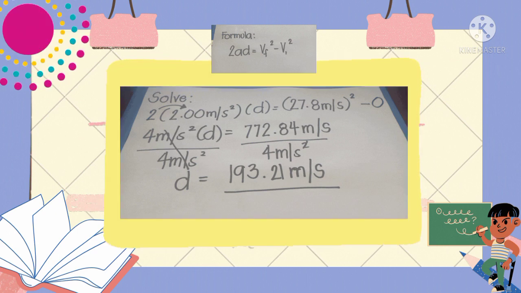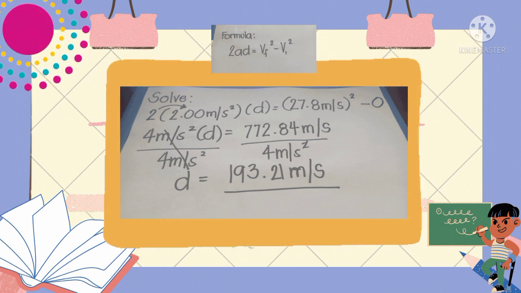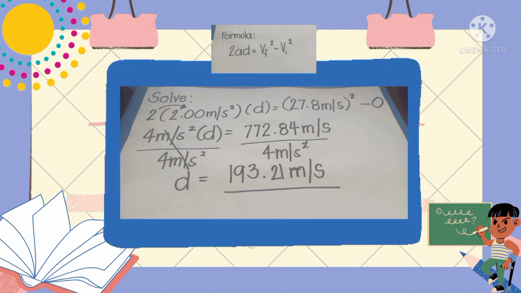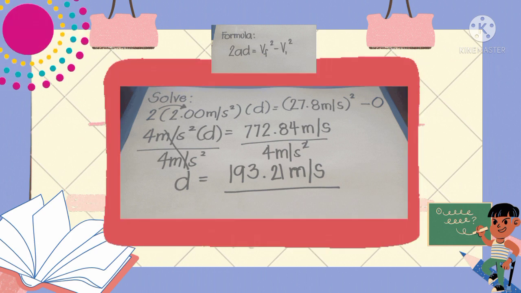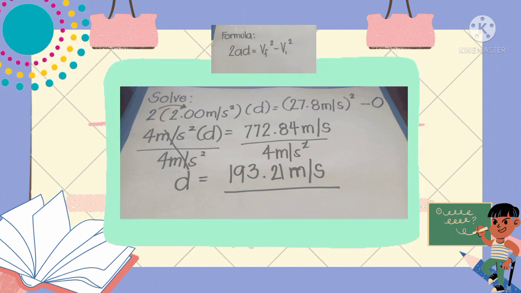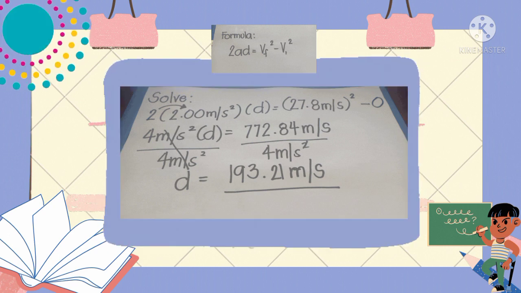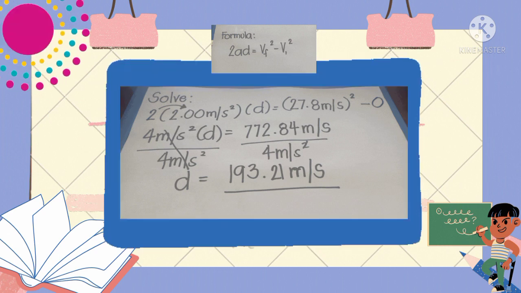So equals 772.84 meter per second squared. I come up with 772.84 because I multiplied 27.8 by itself. So 27.8 times 27.8 will have 772.84.